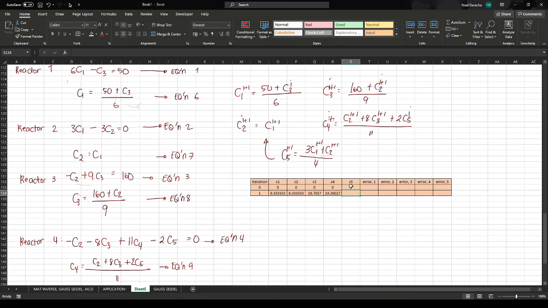Last one is C5, which equals 3 times C1 plus C2 divided by 4.